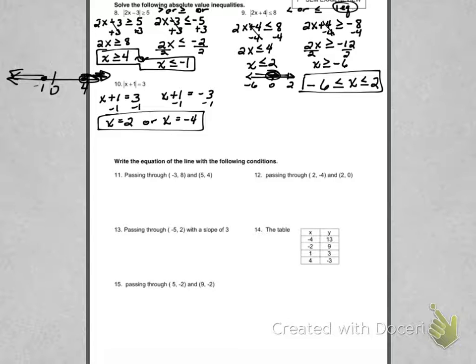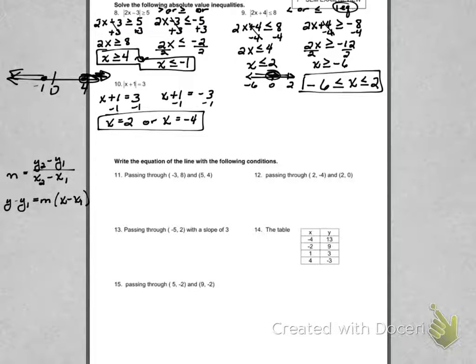Now on these next ones, we have the equation of the line with the following conditions. First, anytime you find a line, you need to find the slope. So let's write out here: the slope is y2 minus y1 over x2 minus x1. The point slope formula, y minus y1 is equal to m times x minus x1.